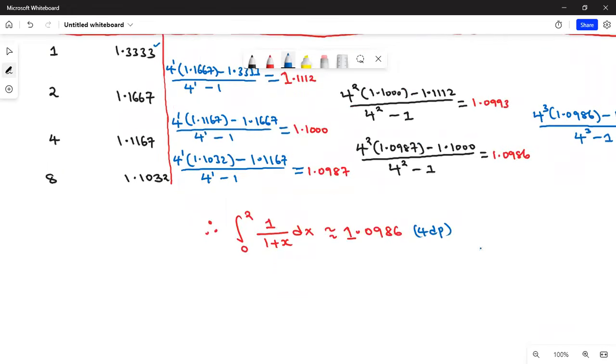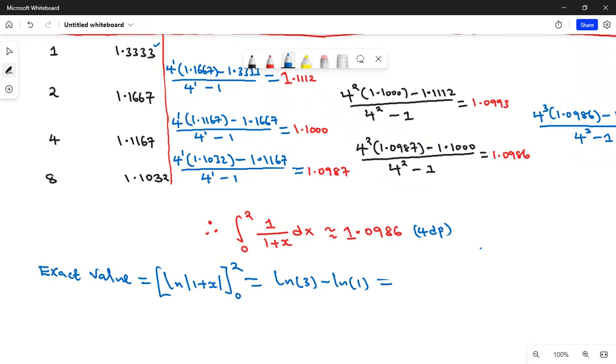The exact value, when integrated, will be ln of 1 plus x from x is 0 to 2. Plug in the limits of integration: ln 3 when x is 2, minus ln 1 when x is 0. And you know ln 1 is 0, so the result here is the natural log of 3.